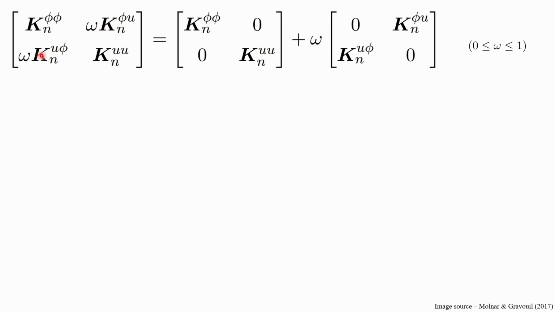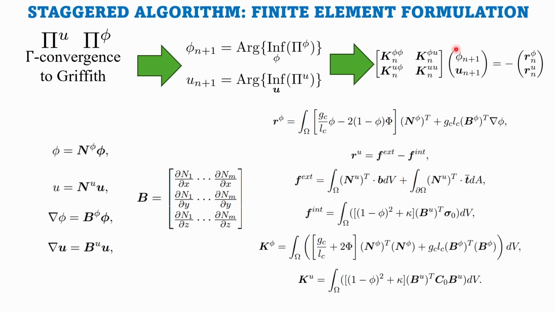So we don't need these terms. And if we don't need these terms, we can always write the overall stiffness matrix in this form by just multiplying a constant omega. So when omega equals 1, we have these set of equations, correct?